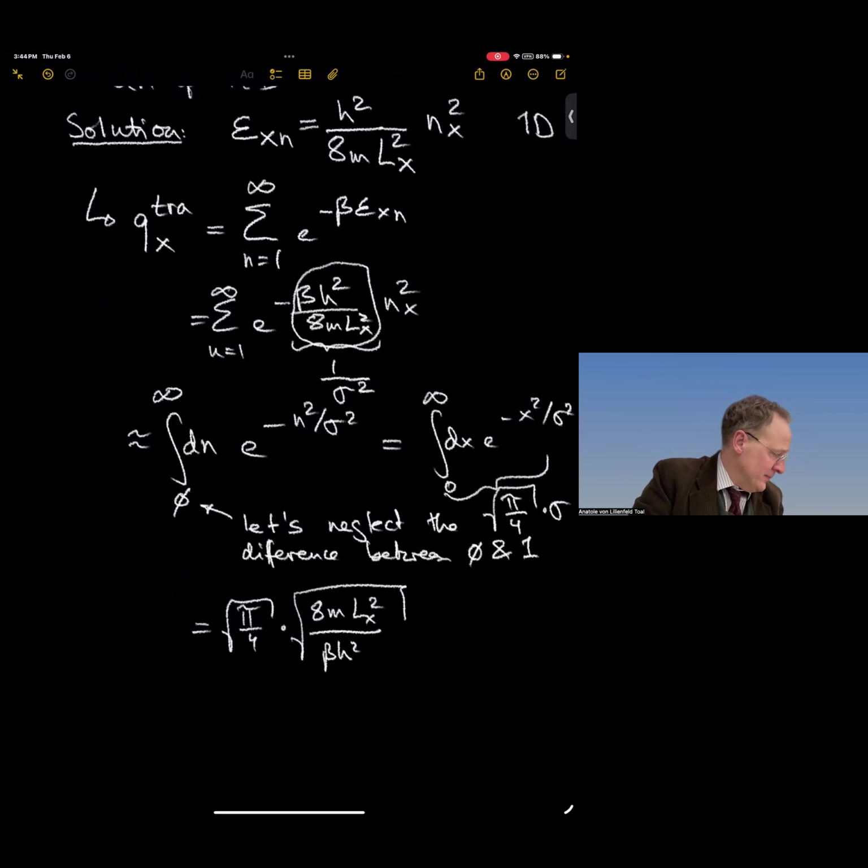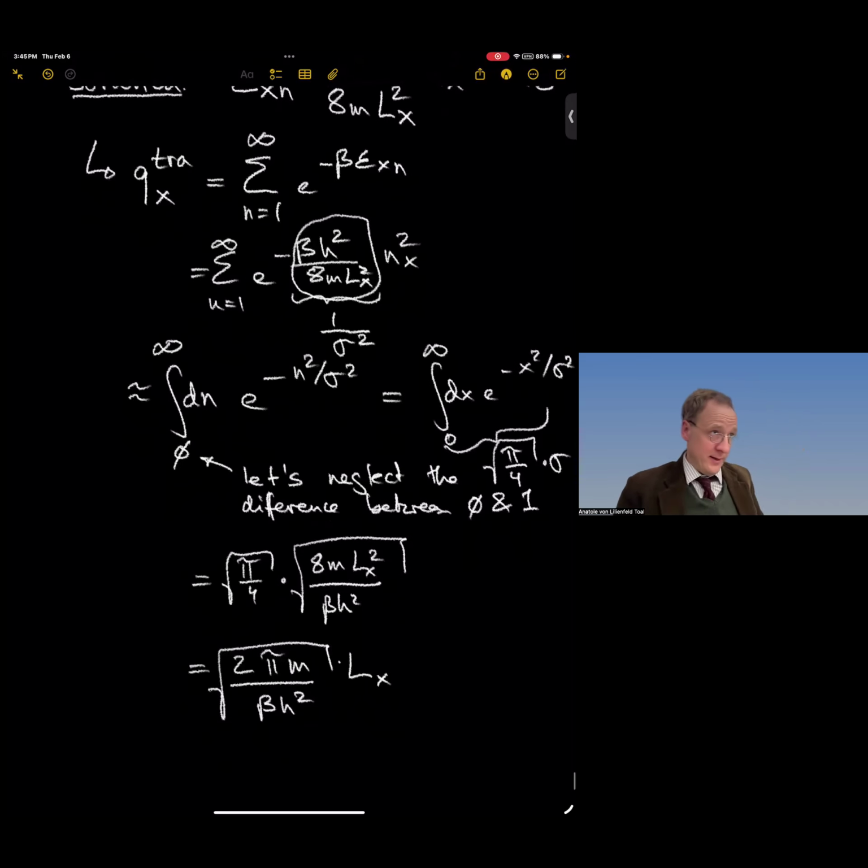Now I can pull these together. So the 8 and the 4 cancel. So I have 2 pi m, and my Lx squared, I can pull it in front of the square root. Like that. Okay.